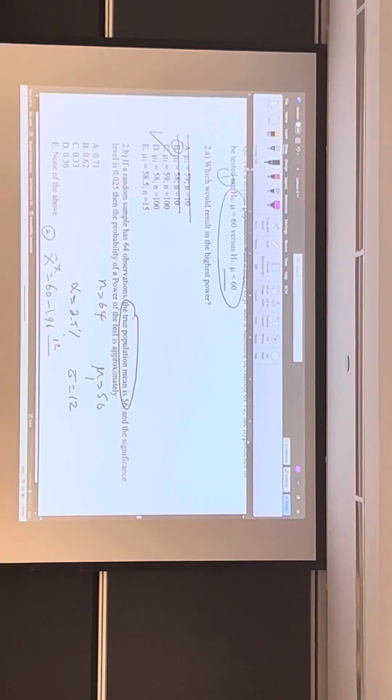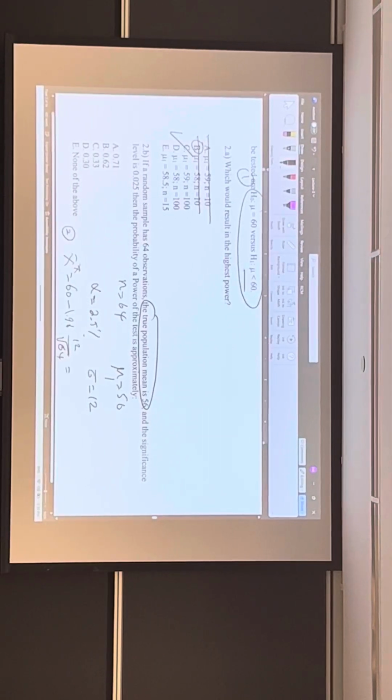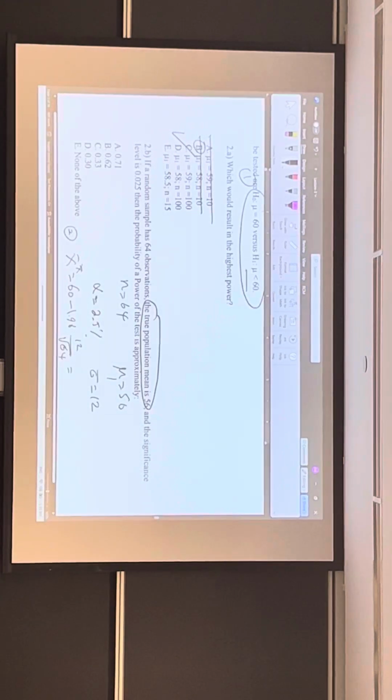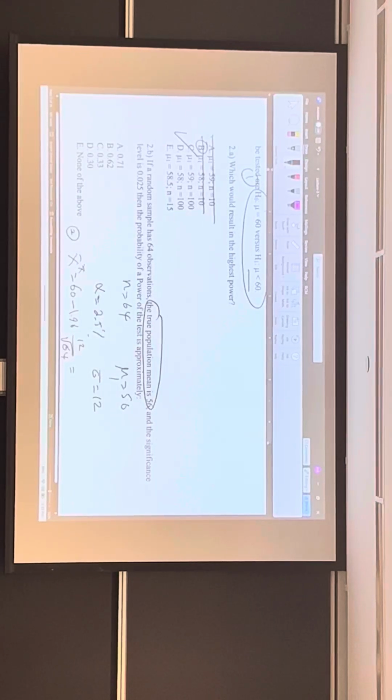Then the standard error, which is fixed. That gives me the critical value of the original distribution. For the upper tail test, this is a plus, and for the lower tail test it is a negative. The rest is the same.